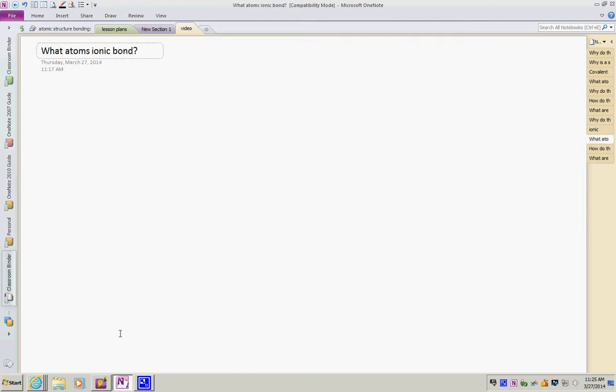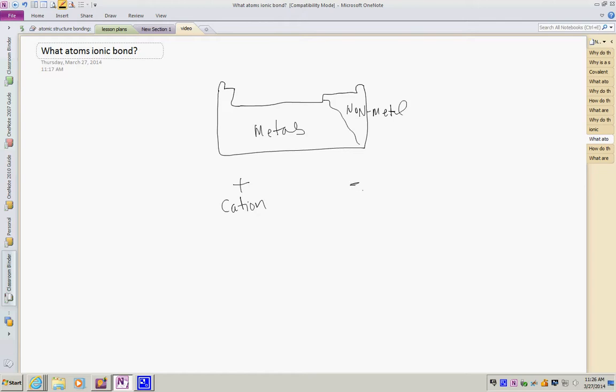If you see an atom or a substance, you should know whether that substance is capable of ionically bonding. So we have a periodic table, with our metals separated from our nonmetals. An ionic bond, ionic meaning ions, is a bond between a cation and an anion.